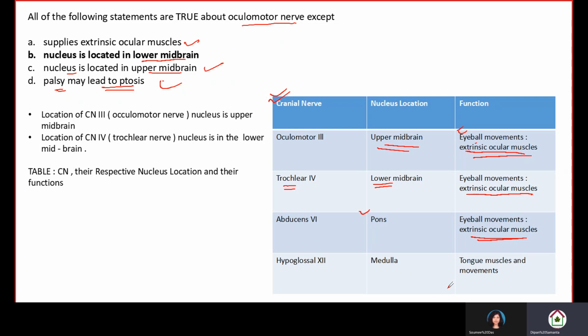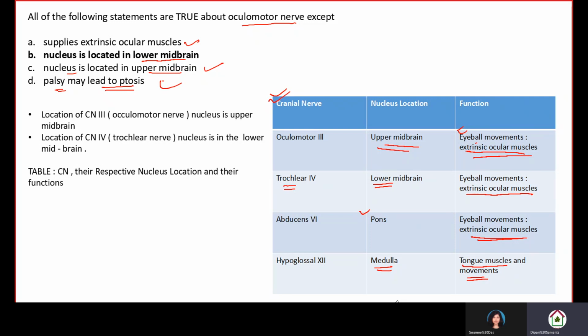And the hypoglossal nerve, 12th cranial nerve: its nucleus is located in the medulla, and its function is supplying the tongue muscles and their movement. So these are some of the cranial nerves with their nucleus location and function.